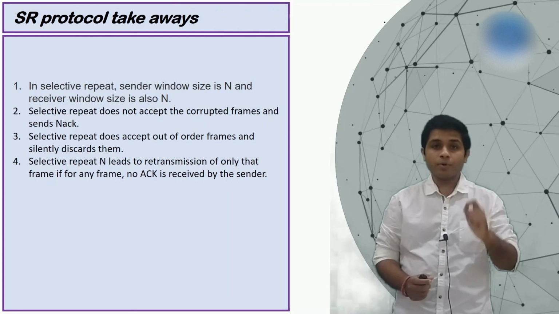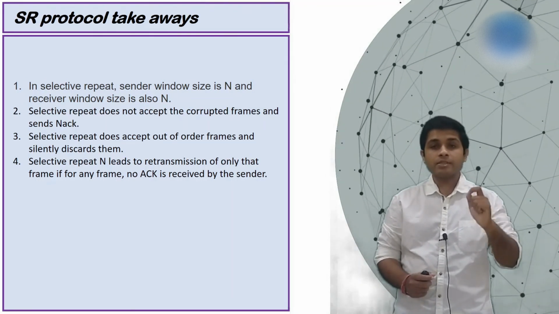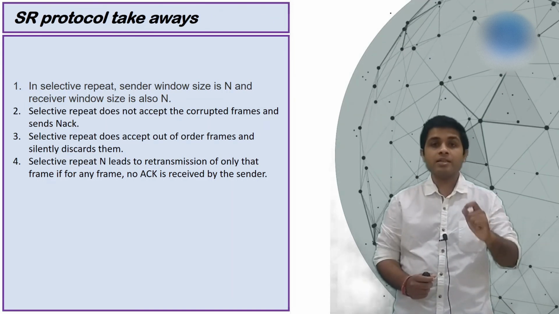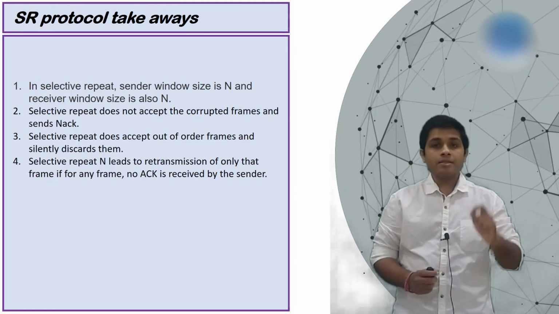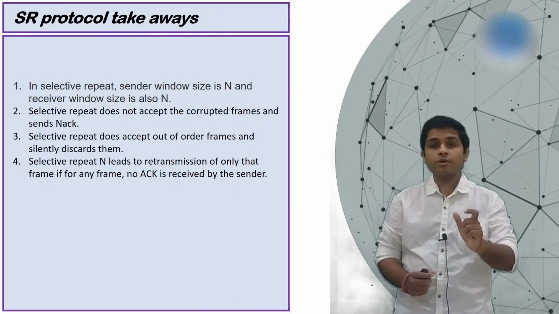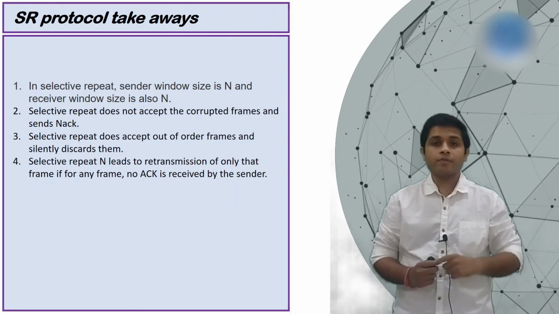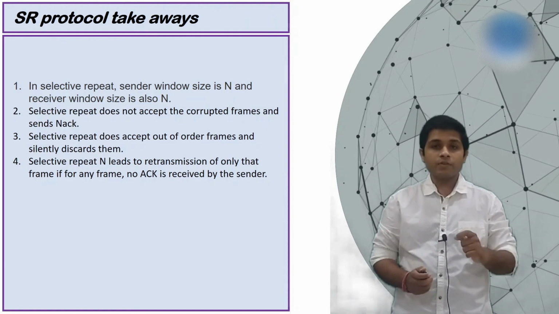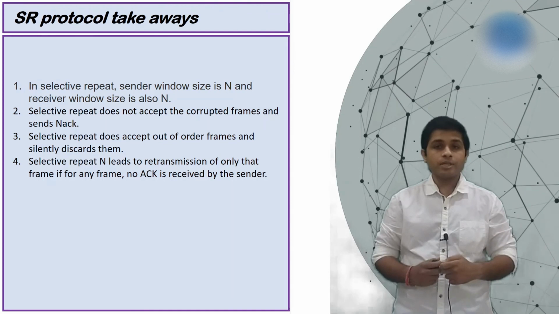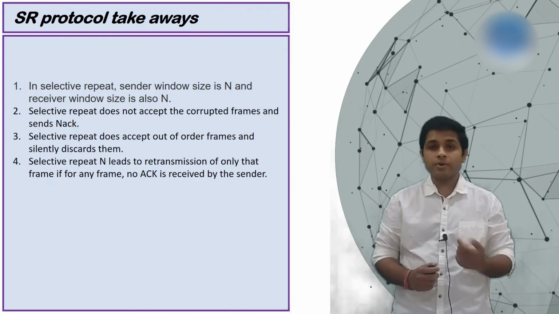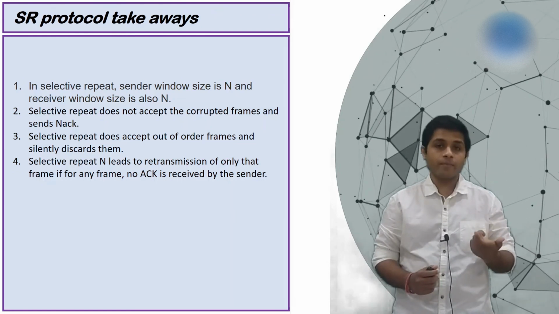This is not possible in go back N, because there, if the receiver receives a corrupted packet, it silently discards it. In selective repeat, the receiver will accept out of order frames as long as they are part of the window. And when an acknowledgement or a packet is not received, we send only that particular packet again instead of sending the whole frame.